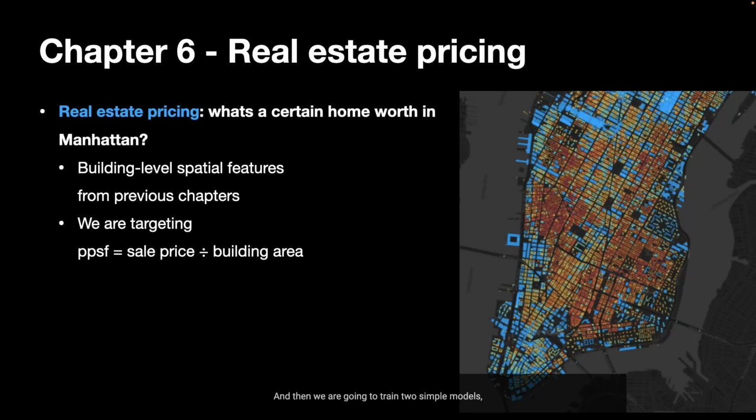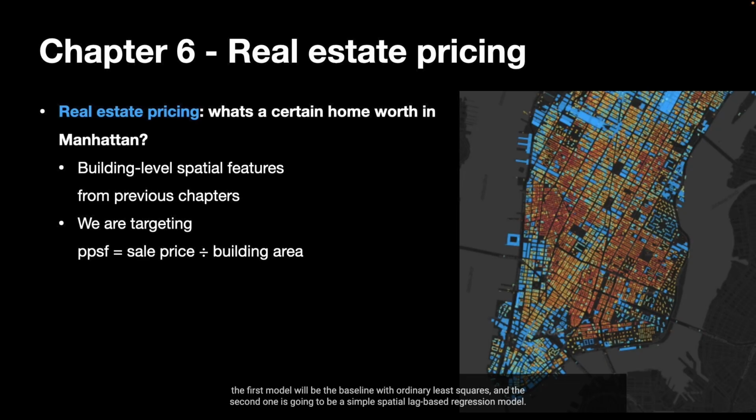And then we are going to train two simple models. The first model will be the baseline with ordinary least squares, and the second one is going to be a simple spatial lag-based regression model. Additionally, here, to make it a fair game, we are not going to predict purchase price, but we are going to normalize it to purchase price per square foot and build a simple regression model.